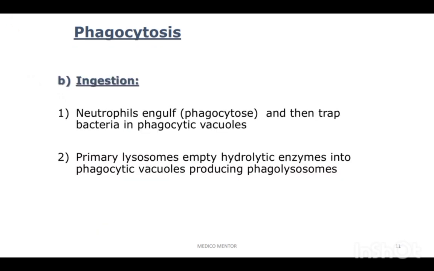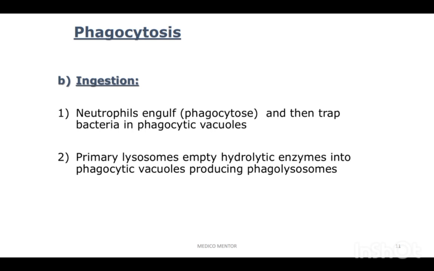The second process of phagocytosis is ingestion, during which the neutrophils engulf the bacteria and get it entrapped inside a phagocytic vacuole.